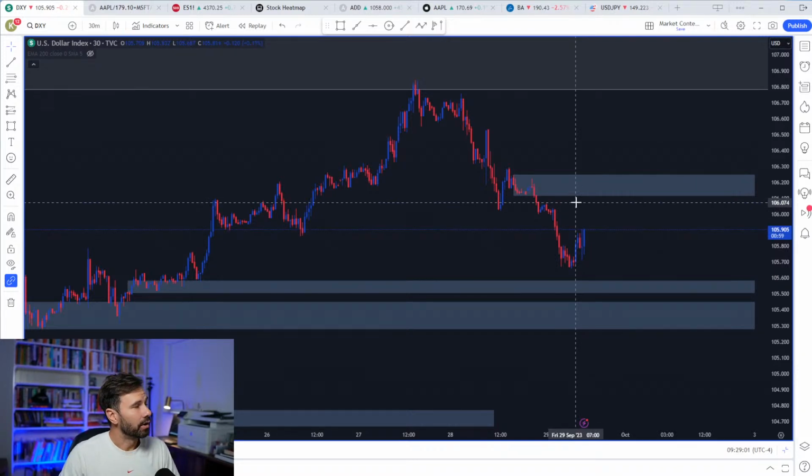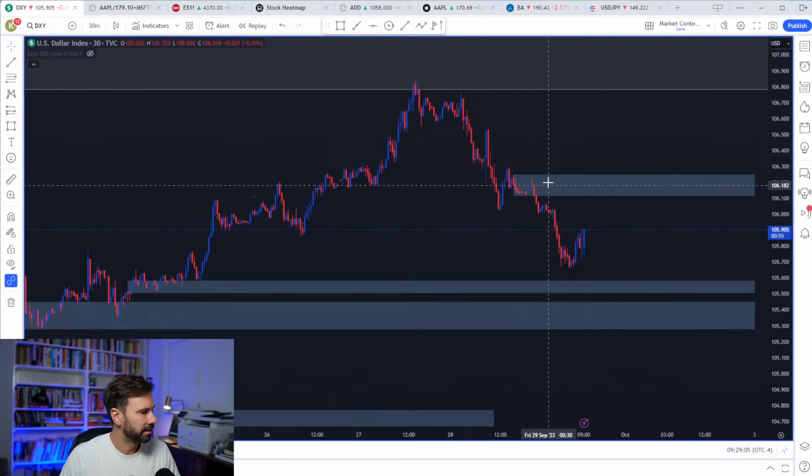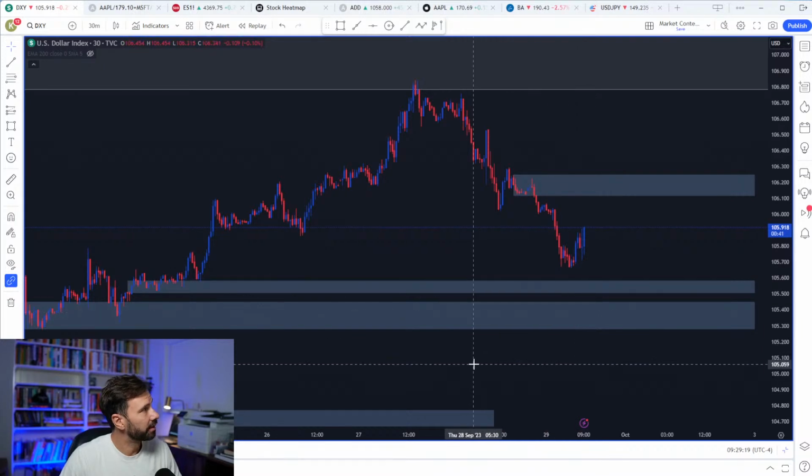Now, if we have an open range breakout above the supply, that's where I want to get long very aggressively, but it's not happening right now. We are opening right at the supply. If we have some coordination between the dollar, rates and the market, then I will short.